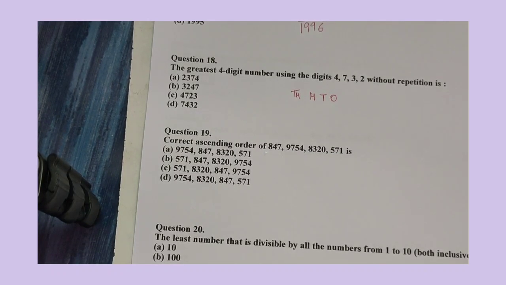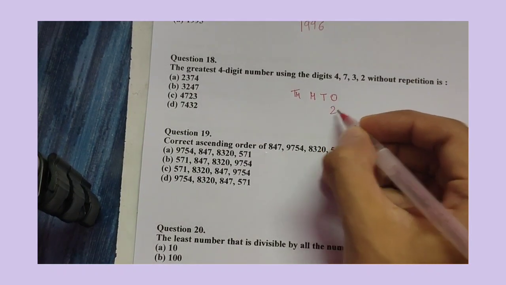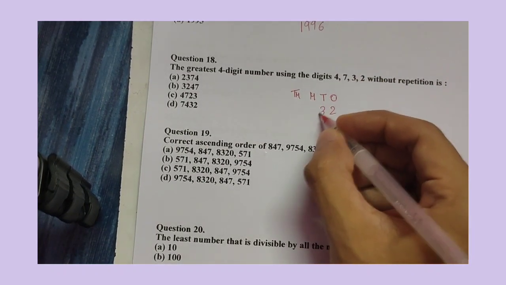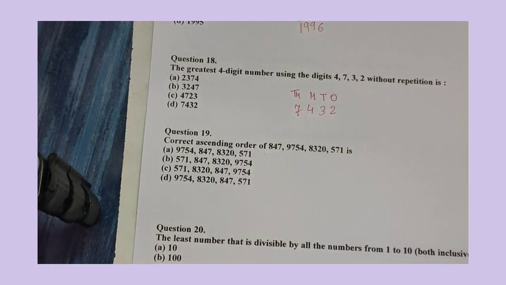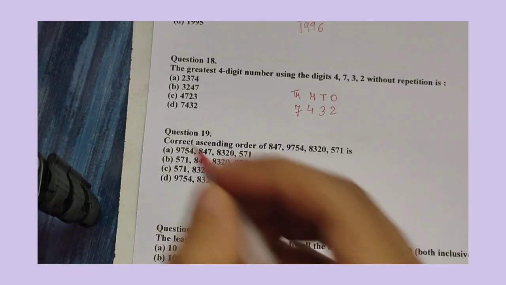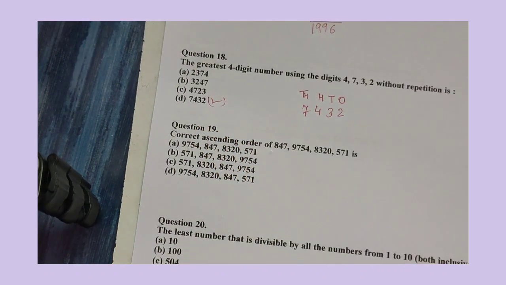So when we want the greatest number, we put the smallest number out of these 4 at the ones place. So smallest out of this is 2, then 3, then 4, and then comes the 7. So what we get? The greatest 4-digit number using 4, 7, 3, 2 without any repetition is 7432. It means option D is the correct option.